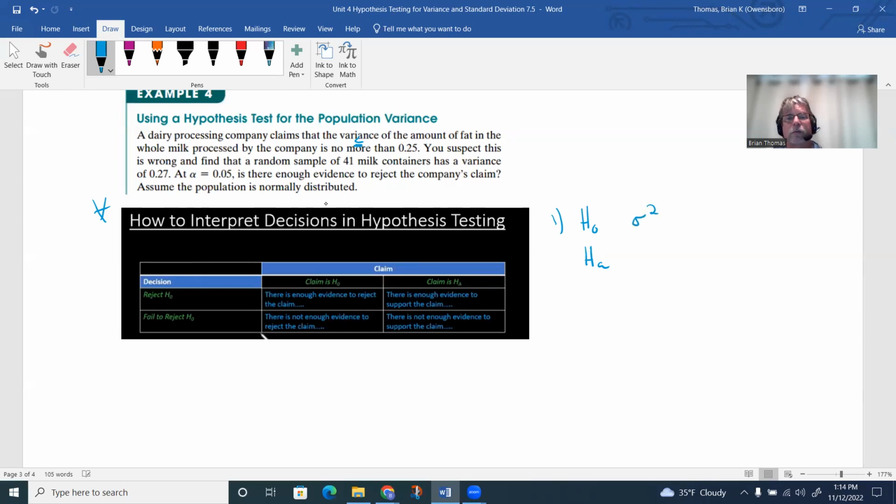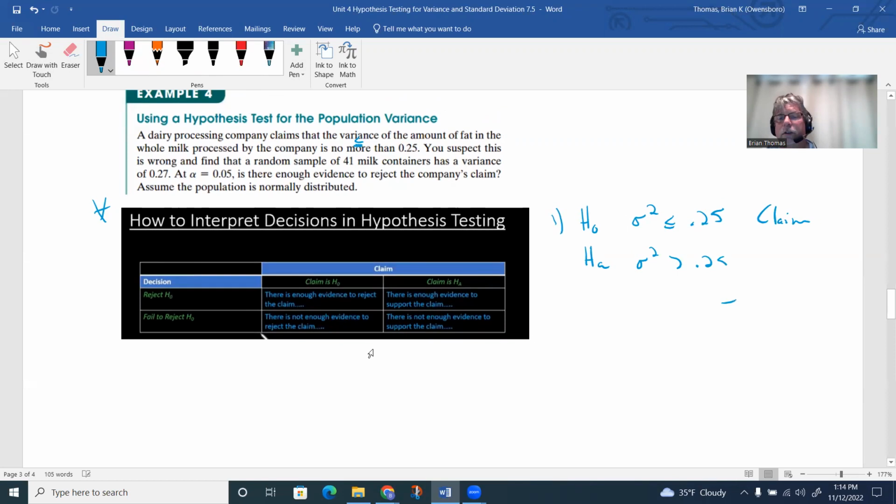So sigma squared is going to be less than or equal to 0.25, because it says no more than. That's the claim. And then the alternative hypothesis is the opposite, or the complement. So sigma squared would be greater than 0.25.